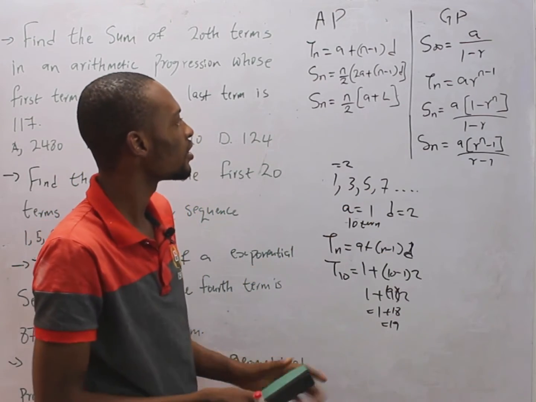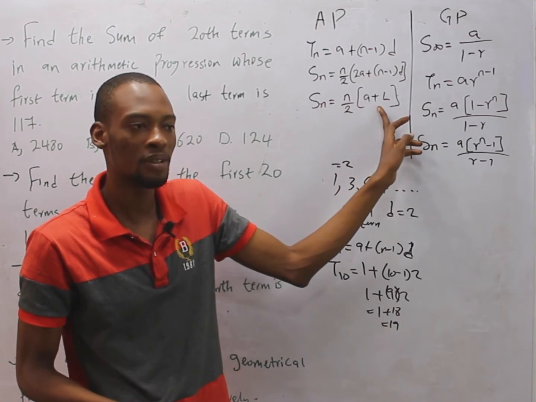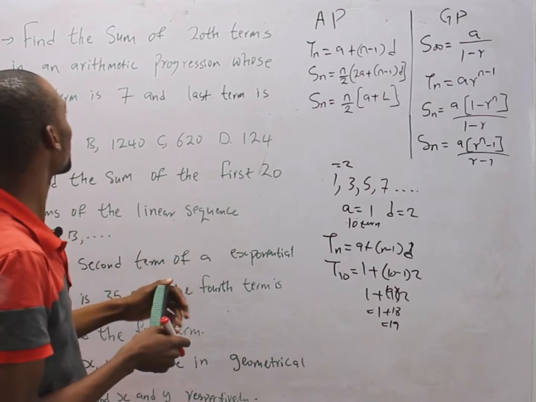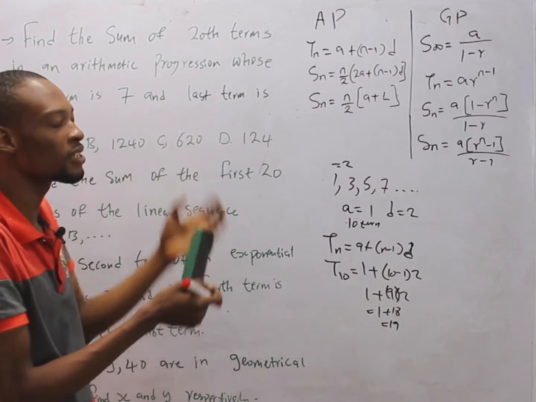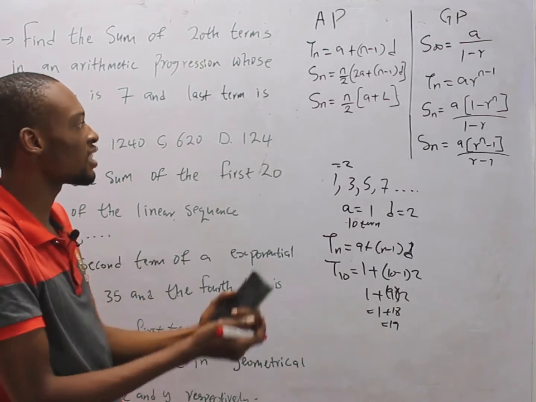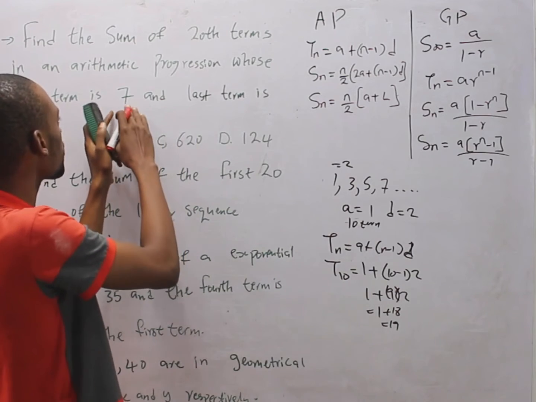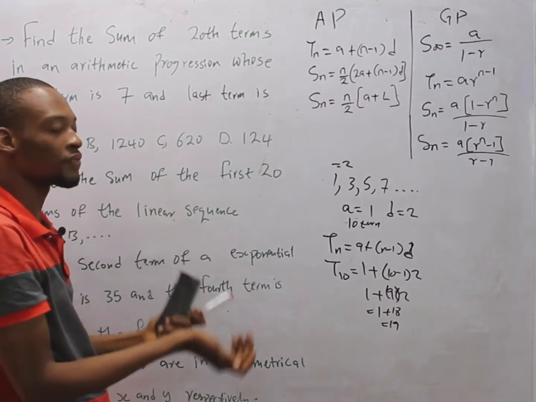Now, this is also the sum of terms. But in this case, you are given the last term. Looking at this question, we are told to find the sum of the first 20 terms of an arithmetic progression, AP. We are given the first term, A, to be 7, and the last term, L, to be 117.